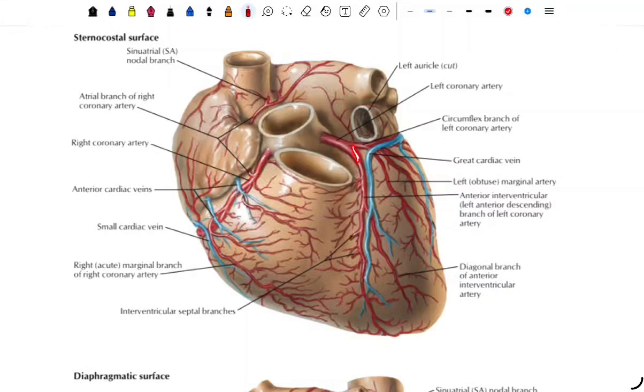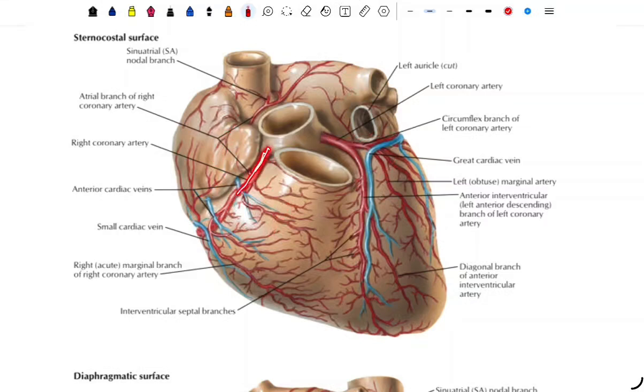The left anterior descending artery supplies blood to the left ventricle. The right coronary artery runs in the right atrioventricular groove, and this runs in the left atrioventricular groove.